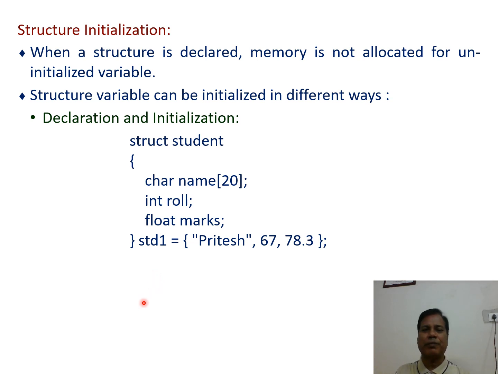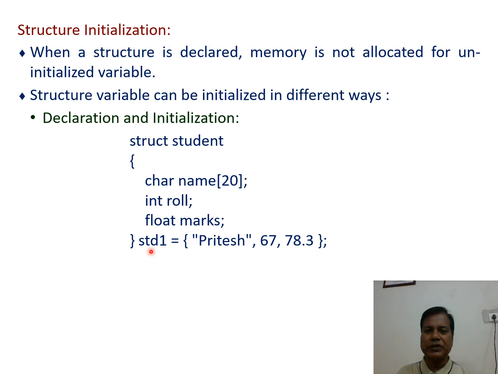In this example, first we declare a structure that has three member definitions: char name[20]; int roll; float marks; and after declaring the structure, we declare a structure variable student1 std1 equals, in open and close braces, in double quotation marks "Pritesh", comma 67, comma 78.3.